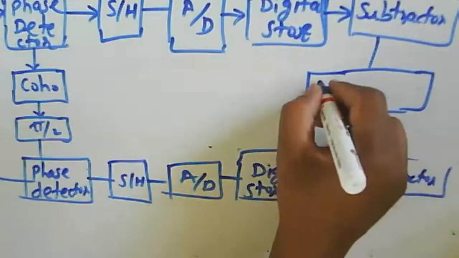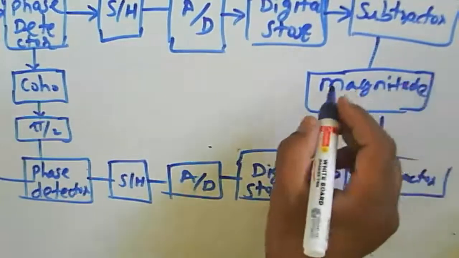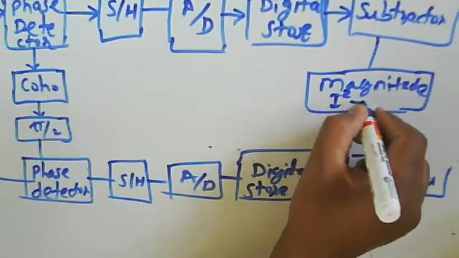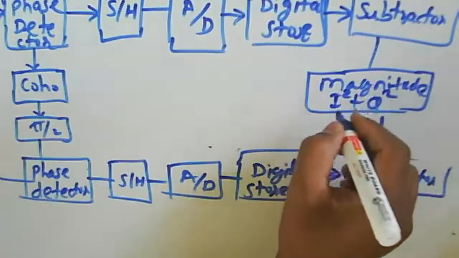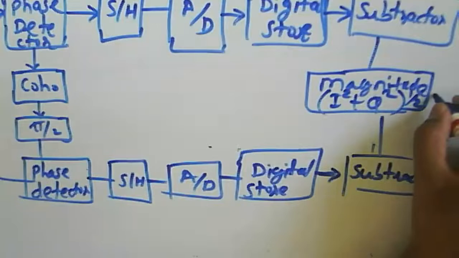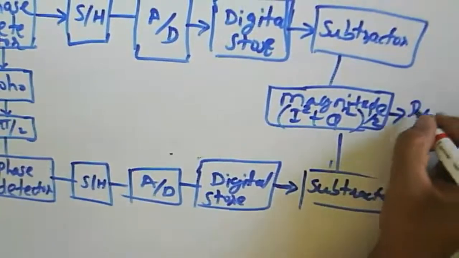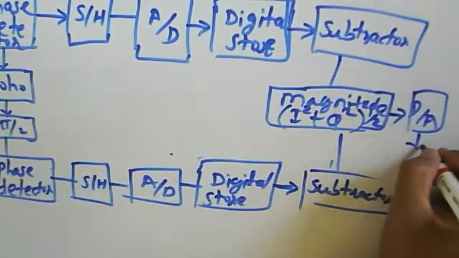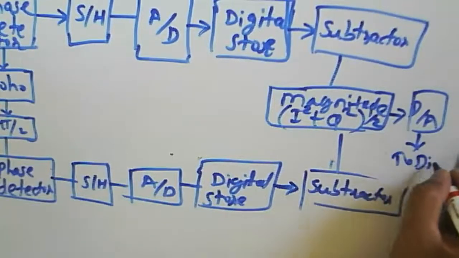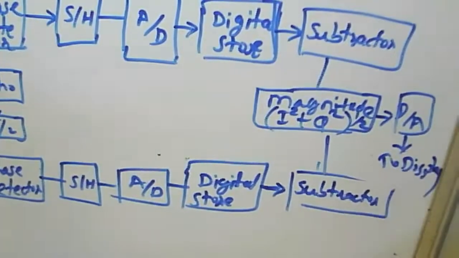So we get the magnitude, the square root of I squared plus Q squared, written as 1 by 2 power. Then it is given to the digital to analog converter, and then to display.